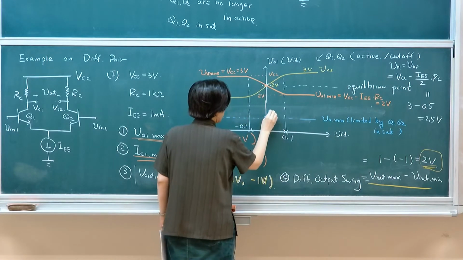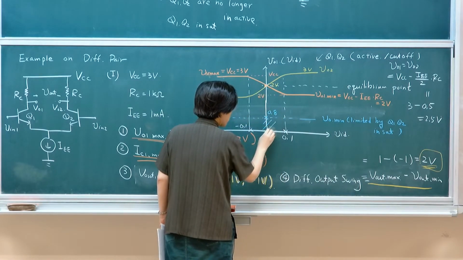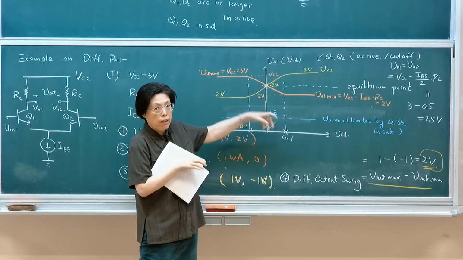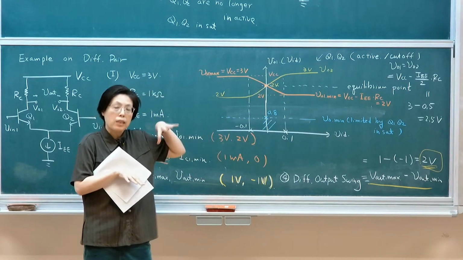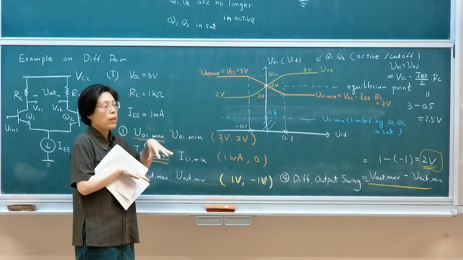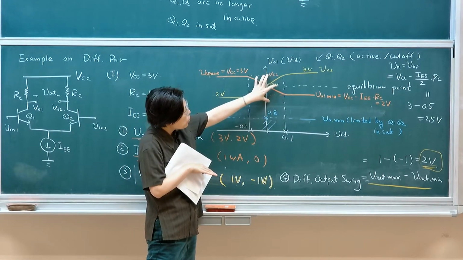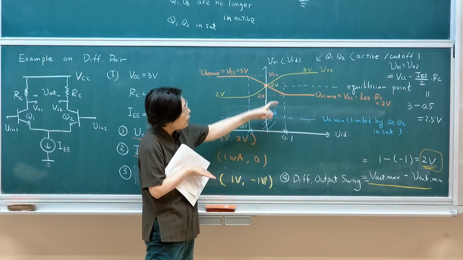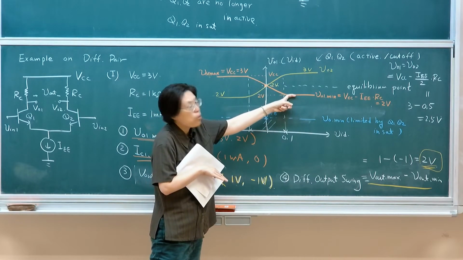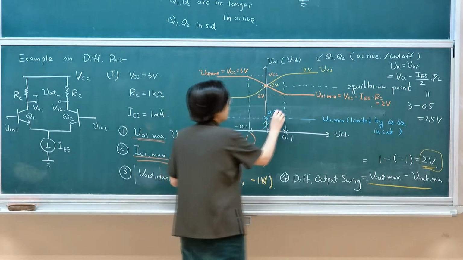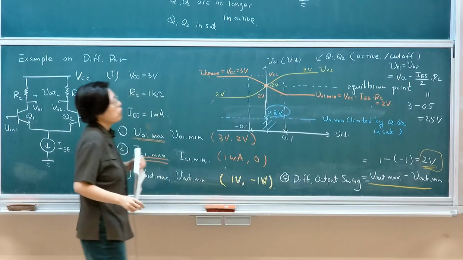That's to say this is 0.8. Anytime you're entering lower than 0.8, you're hitting the ground, so your swing is not functional when it's sitting down on the ground. In order for it to swing properly, you want to make sure that VO1 minimum or VO2 minimum has to be larger than your minimum level, which is 0.8 volt.